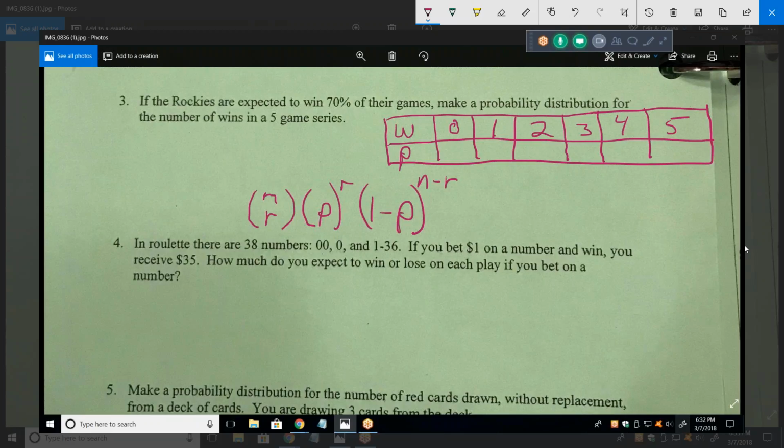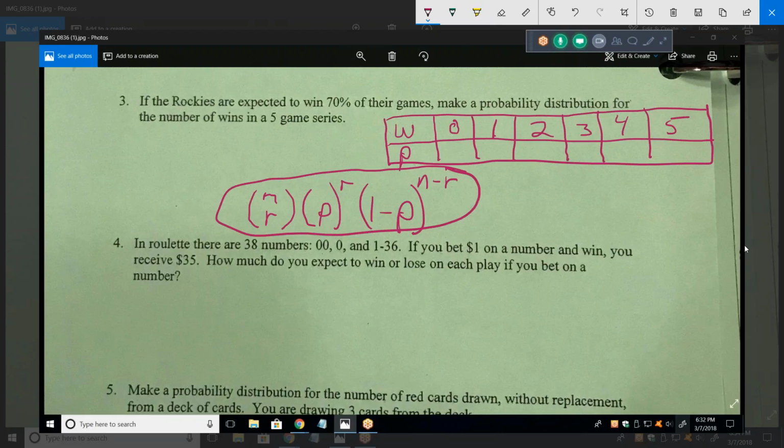And what goes in the P below the 0 is this, where N is always 5 and R is whatever is the win.